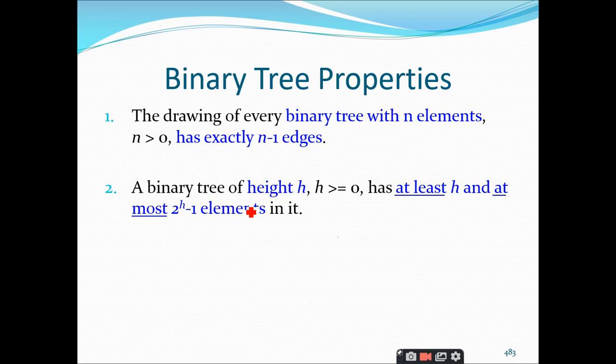So a binary tree of height h, where h greater than or equal to 0, has at least h and at most 2 power h minus 1 elements in it. Right. So let us check it out with an example.